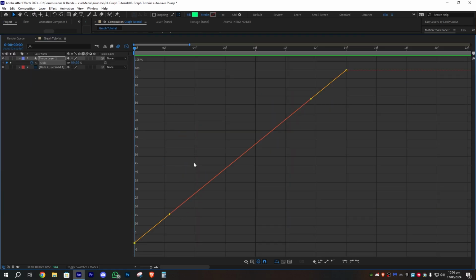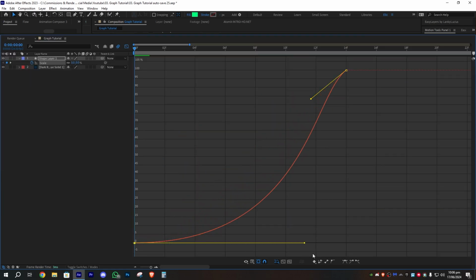Now similarly, if I reset the diagonal and I take the pick whip and bring it all the way towards the right, the diagonal was supposed to be something like this, right? And if it was a straight diagonal, it would be moving at a constant speed. I'm gonna move this one as well and bring it all the way down here.